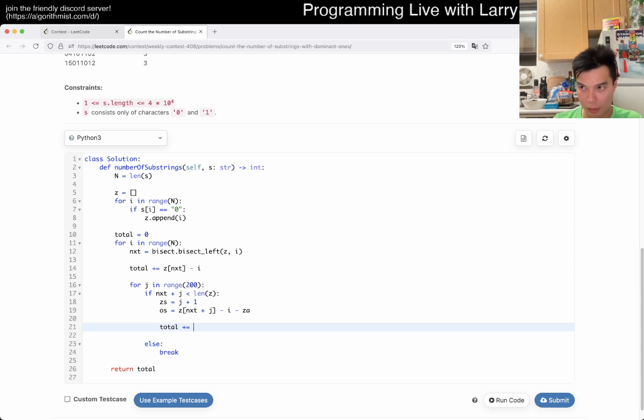This should have been, so this is just the number of zeros plus, so that's the length.